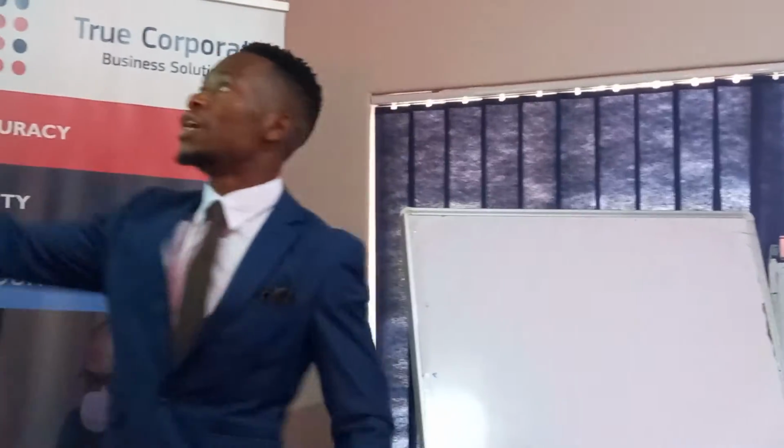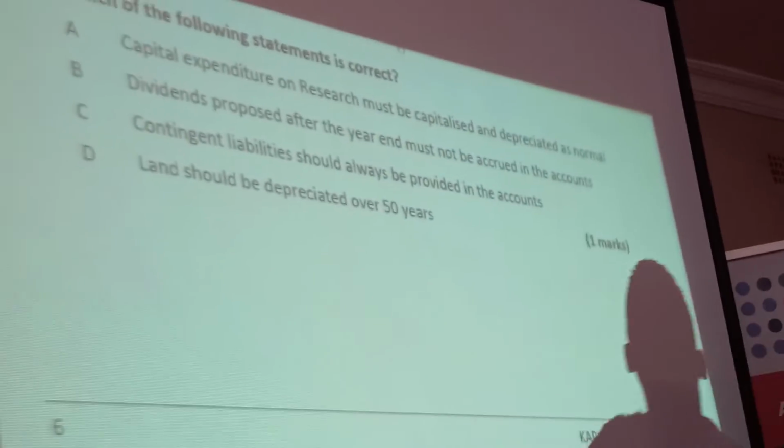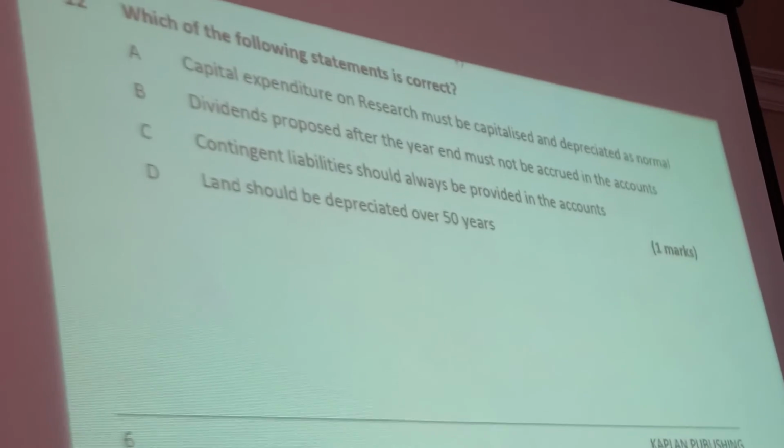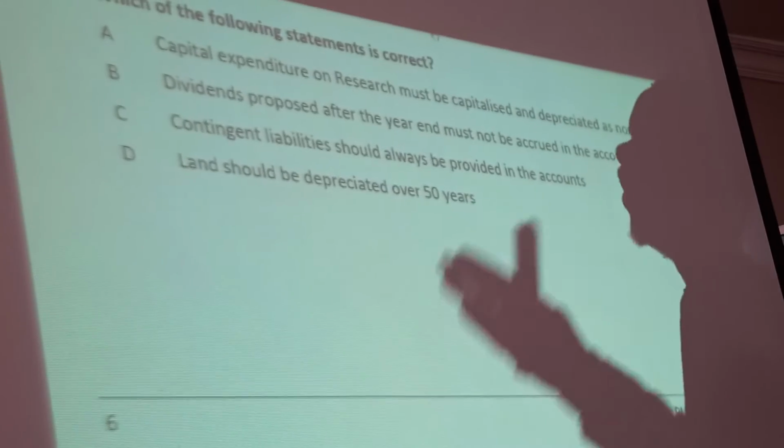So it must be probable that you will benefit. So if you just research, it is not capitalized, please. Research is expensed. It goes into the profit or loss, recognized as an expense. So A is wrong. The correct answer is B.